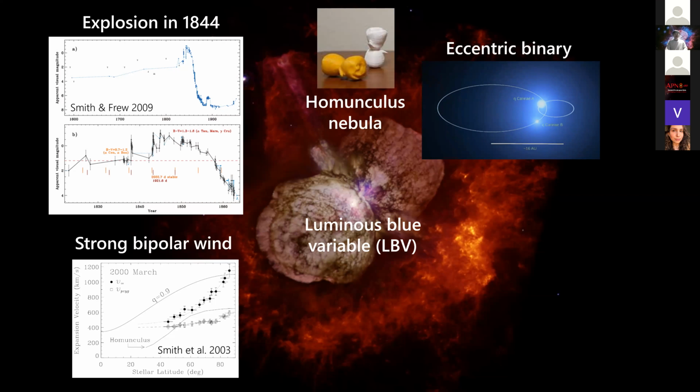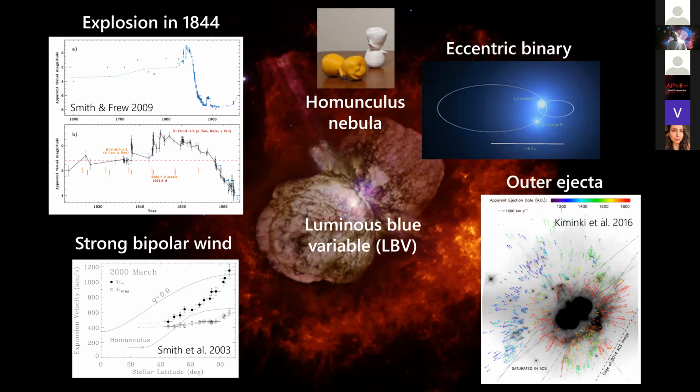But I also want to draw attention to not only the homunculus nebula, but there's also lots of structure in the surrounding nebula. So I'm not just going to talk about the homunculus, but things around it. For example, in this bottom right panel, in the wider field, you can see these ejectiles expanding outwards with different velocities.